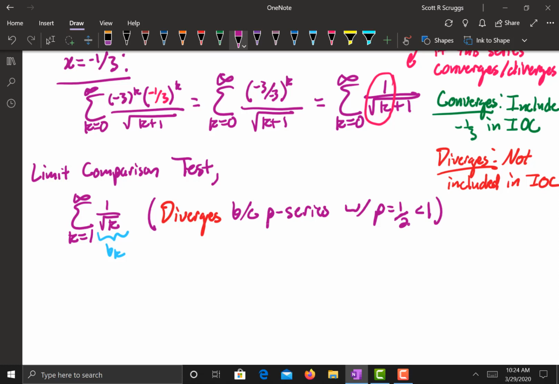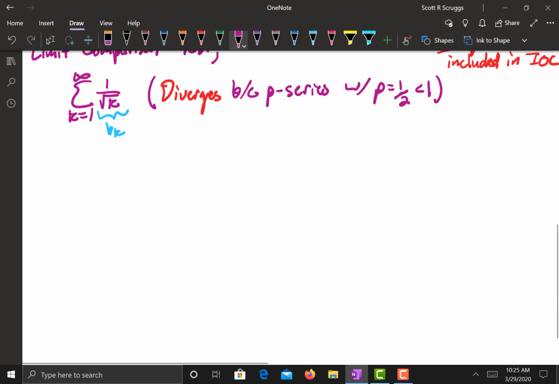Alright, so that means my hypothesis is that the series 1 over the square root of k plus 1 will diverge, because the series I'm going to try to compare with diverges by p-series test. So let's verify the limit comparison.